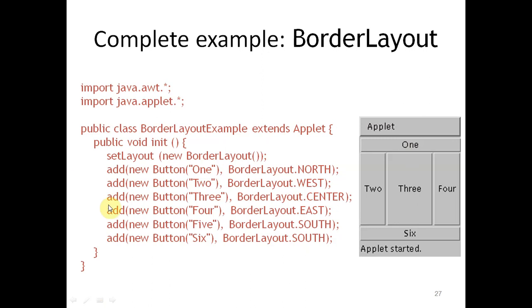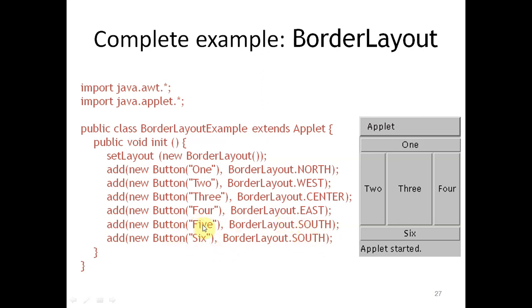In this program we have mentioned buttons 1 2 3 4 and 6. 5 is not shown, because 5 is on south and we have mentioned 6 on south too. So it will override this south with that south.